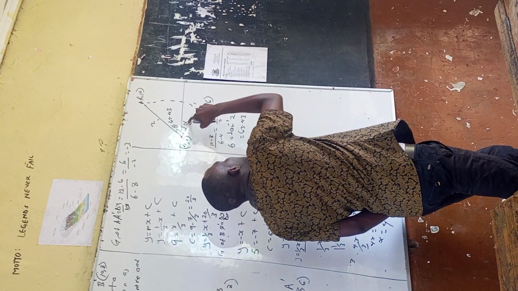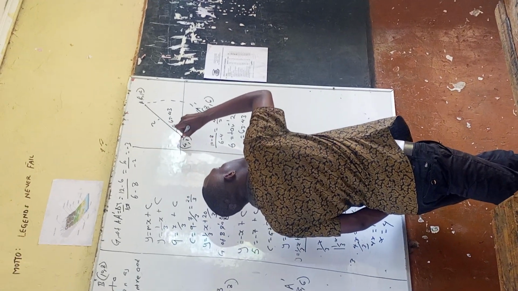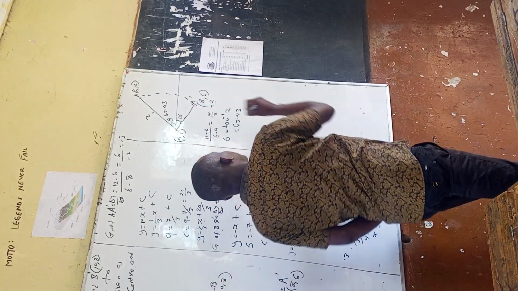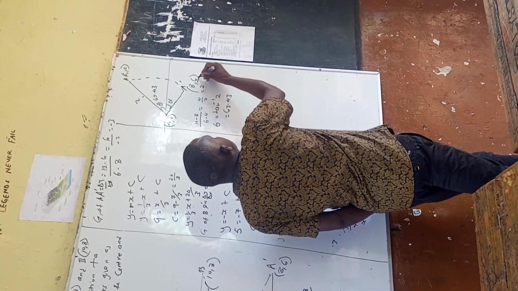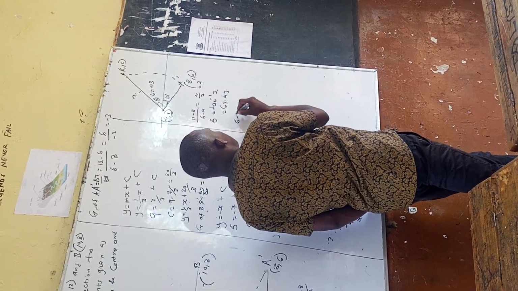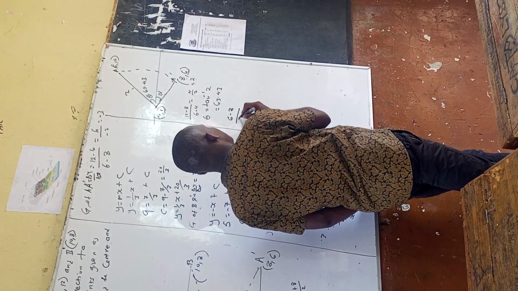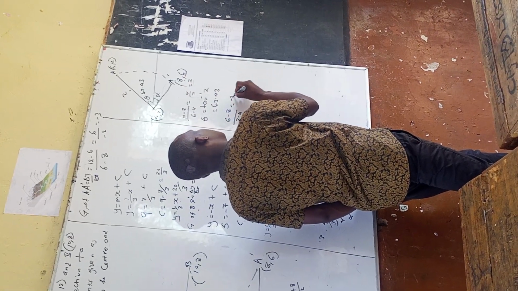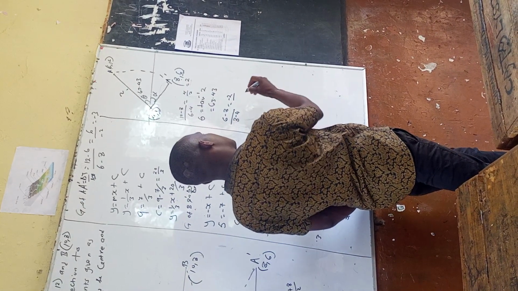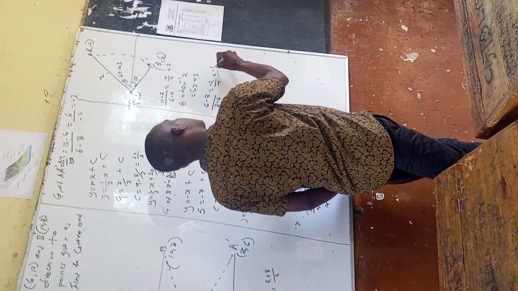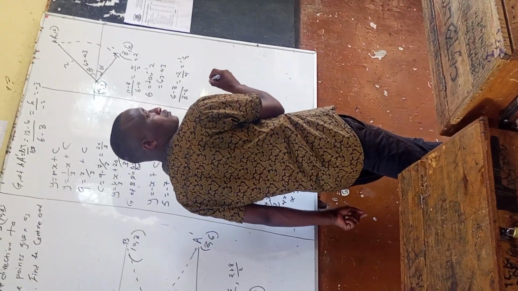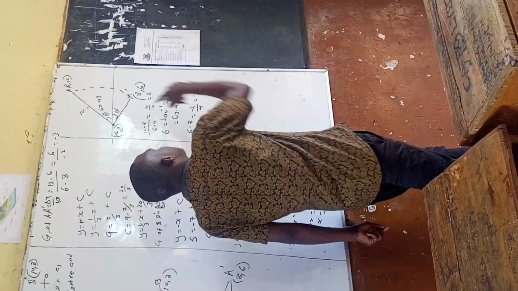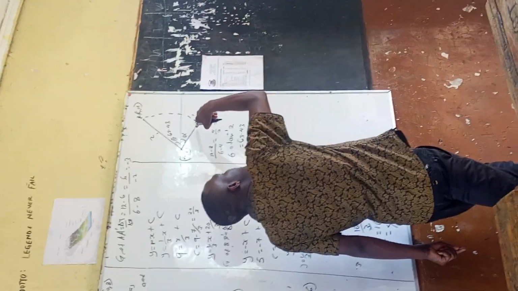Again, you want to know this angle alpha, so you look for the gradient of this line. The gradient will be change in y, which is 6 minus 8, over change in x, 8 minus 4, which is negative 2 over 4, which is negative half. Now, this angle alpha will be the tan inverse of the gradient of this line.